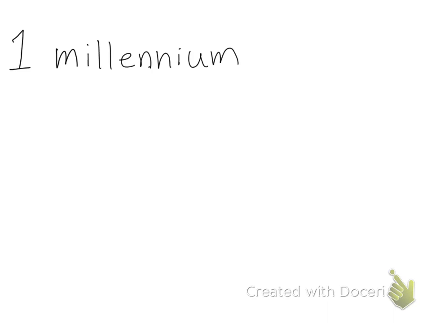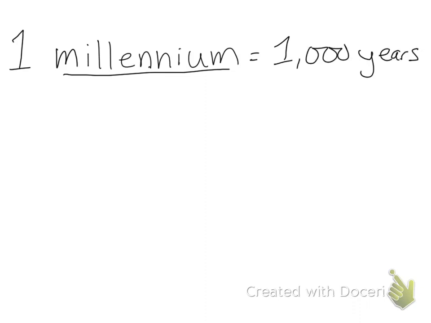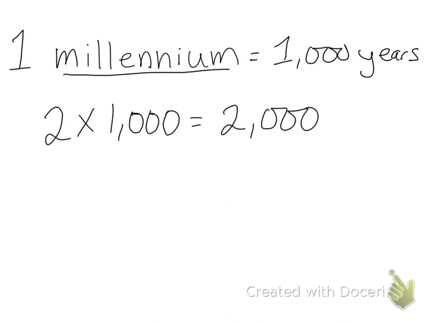Now, a group of 1,000 years is called a millennium. 1 millennium equals 1,000 years. Okay, if there are 2 millenniums, then that would be 2,000 years. We also have millennia as another way to say multiples, but millenniums is fine. So 2 groups of 1,000 equals 2,000.